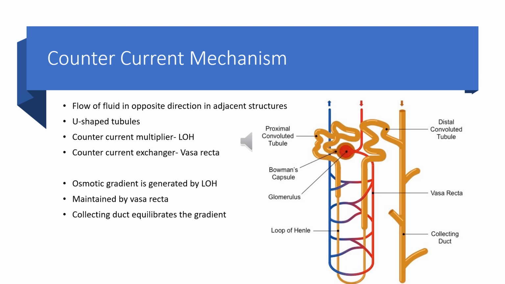This osmotic gradient is generated by the loop of Henle and it is maintained by the vasa recta. And the collecting duct acts as the equilibrating device. Thus, the renal countercurrent mechanism depends on the integrated functioning of the loop of Henle, vasa recta, and collecting duct.